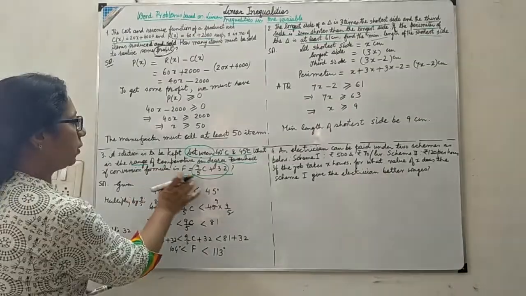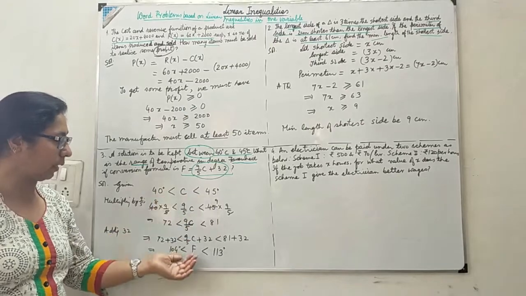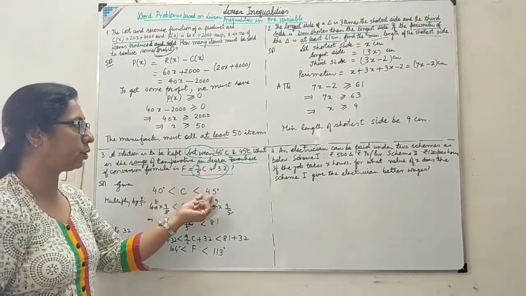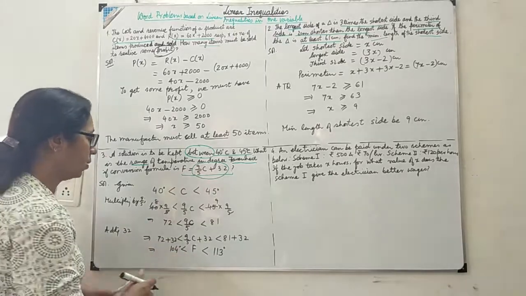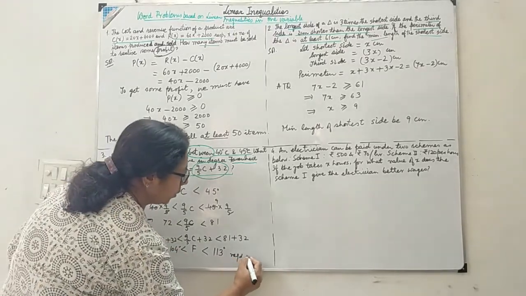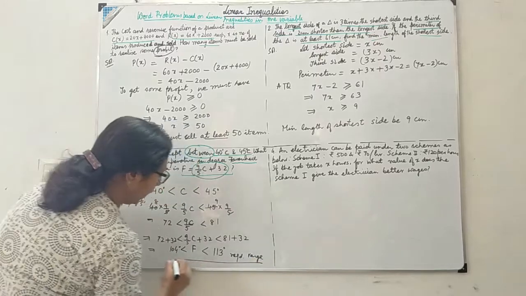So by this conversion formula we have used the inequality to change the range of temperature given in Celsius into Fahrenheit. So the required range in degrees Fahrenheit is this.